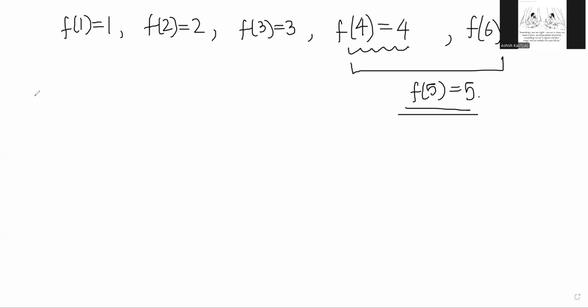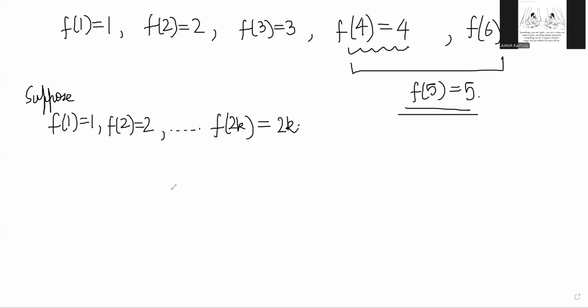So we'll now use strong induction and we'll say, suppose f of 1 is equal to 1, f of 2 is equal to 2, and we have proved that up to 2k, f of 2k is equal to 2k. We are using the strong form of induction, so all the values up to 2k we have assumed are equal to themselves.